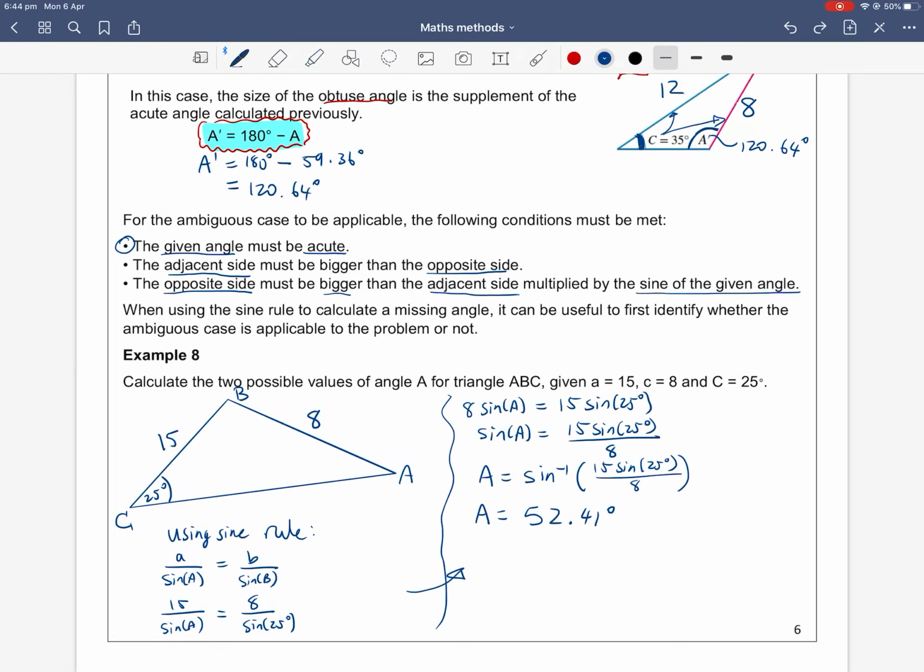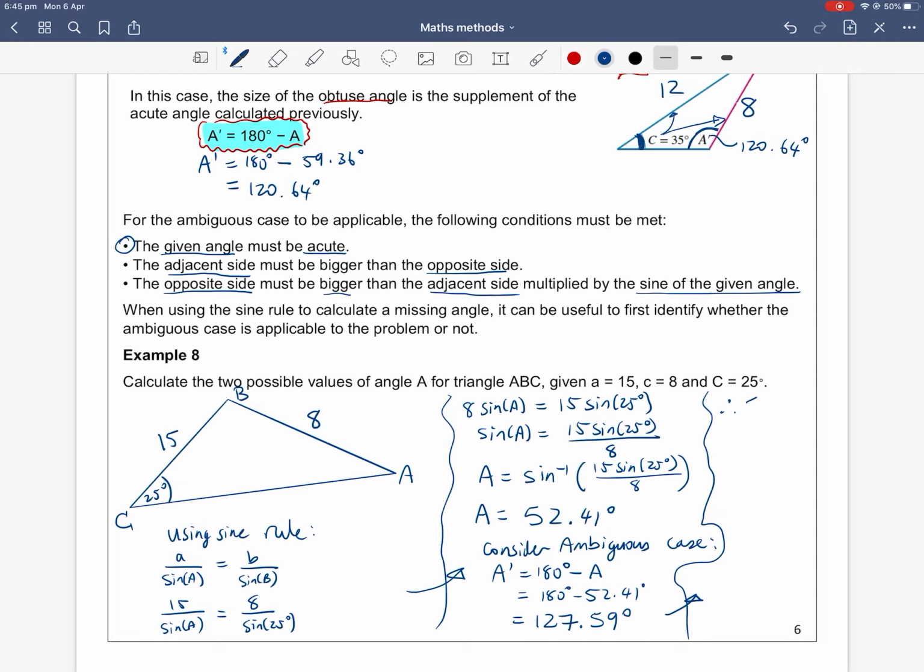So let's consider the ambiguous case. A prime is 180 degrees minus our acute angle answer. So that's 180 minus 52.41 degrees, which is 127.59 degrees. So finishing up, sentence conclusion.